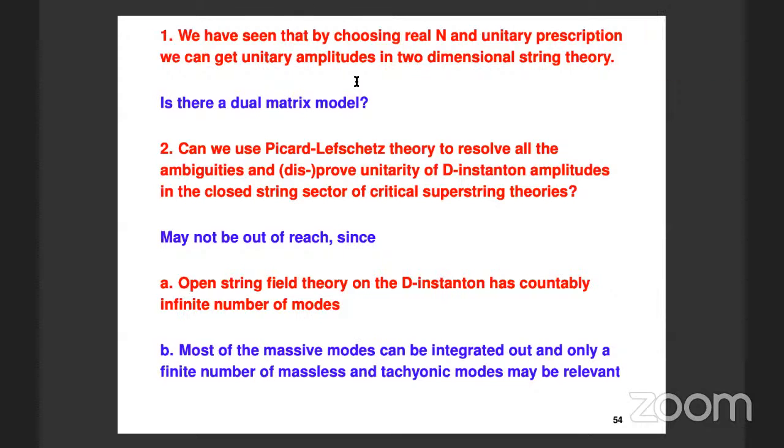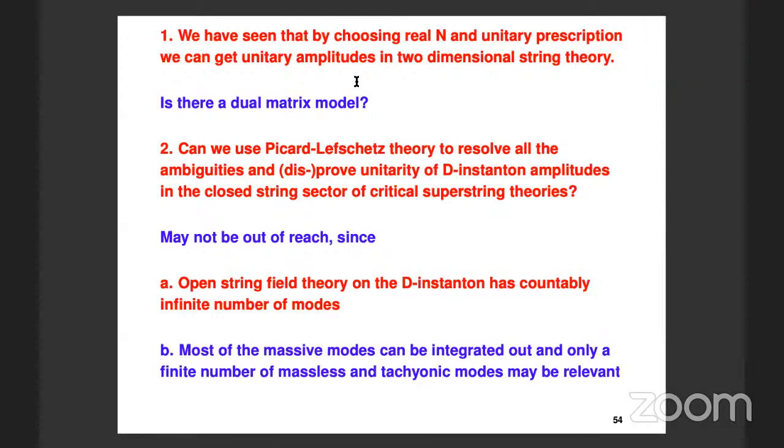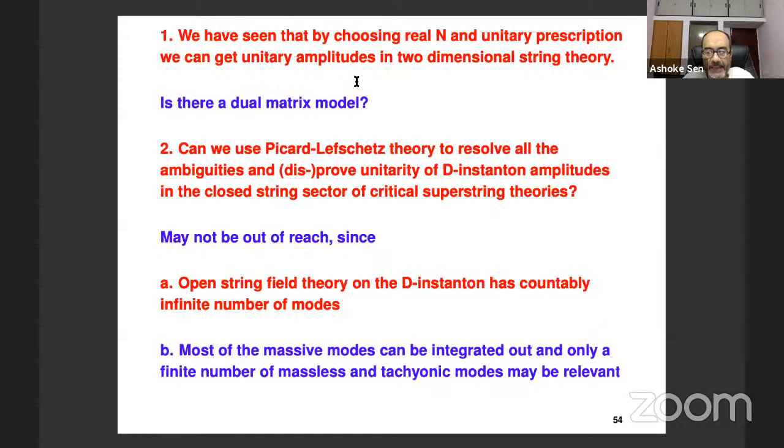But is it sufficient to prove unitarity for an effective field theory and say that the full theory would be unitary? Yeah, because see, the open strings don't appear as asymptotic states, right? So if you can prove unitarity of this effective field theory, that proves the unitarity of the amplitudes, because we are not including open strings in the final state anyway.